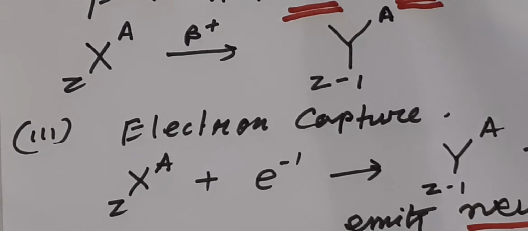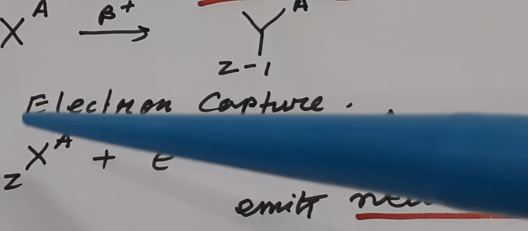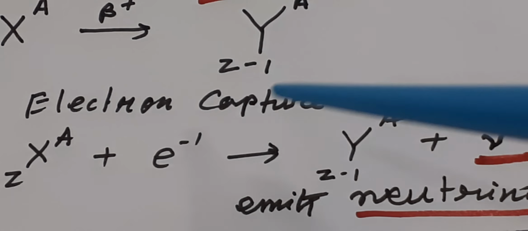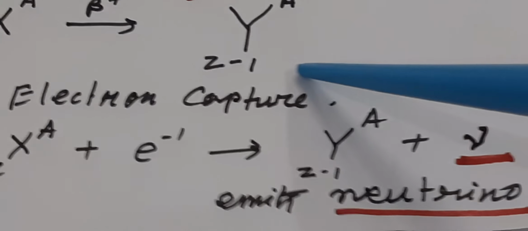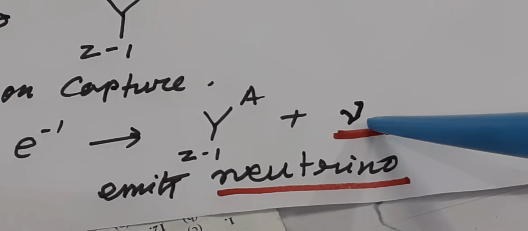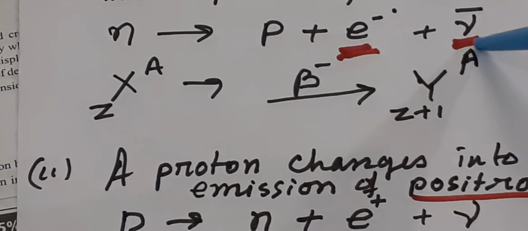Now number 3, electron capture. In that case, suppose this element X absorbs an electron, it will have Z-1 here, and a neutrino will come out. In these 3 ways we can get beta emission from the nucleus.